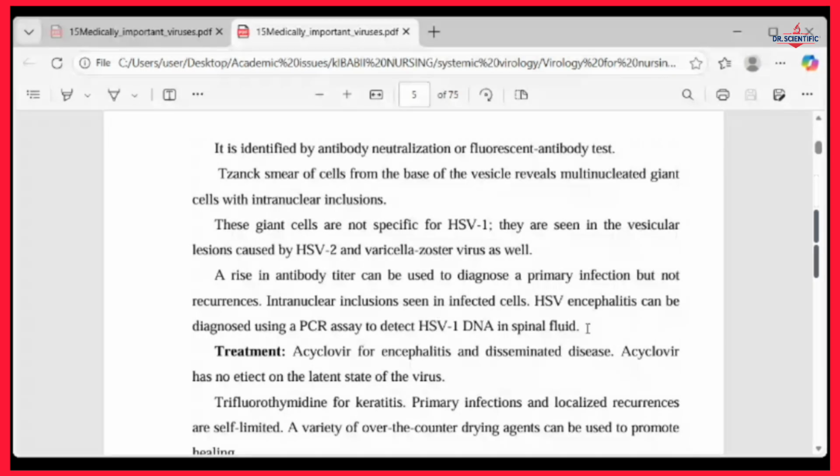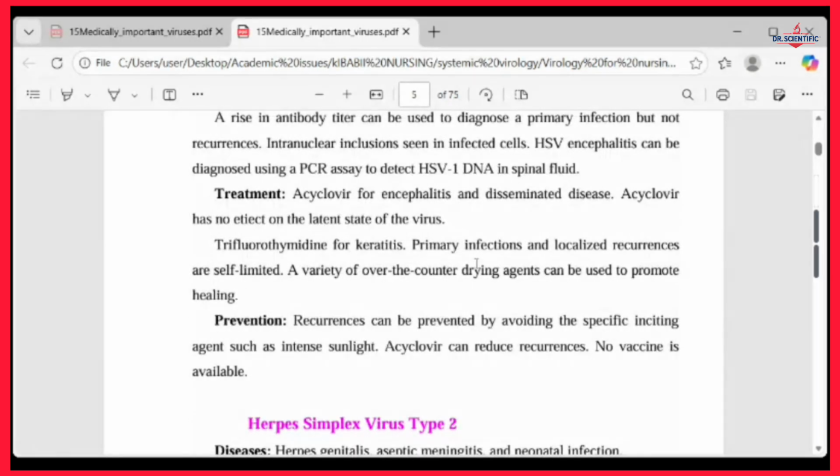So once somebody has this disease, some of the recommended treatment is an antiviral drug like acyclovir. Acyclovir is a broad-based antiviral drug used commonly, especially when somebody is suspected to have encephalitis and the disease is disseminating or spreading all through the body.